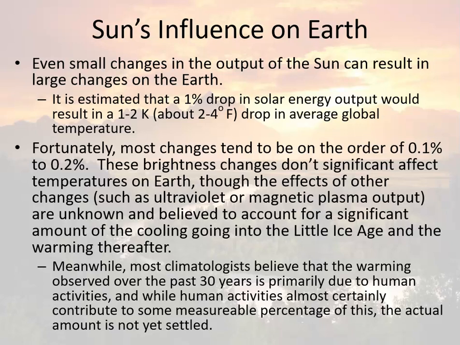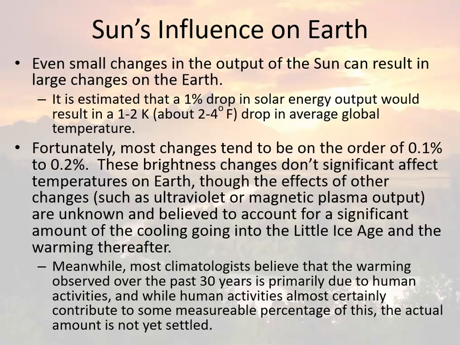But nonetheless, other types of effects, particularly in the ultraviolet part of the spectrum, as well as the magnetic interactions of our sun, can be quite significant. Now, there was a greater amount of cooling than one would expect during a period called the Little Ice Age.